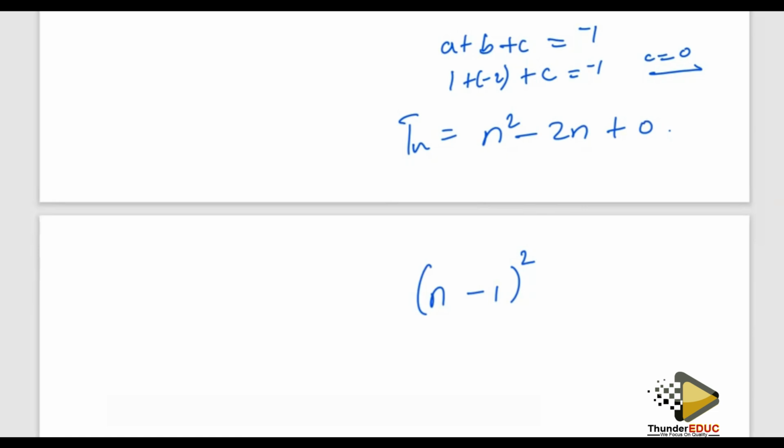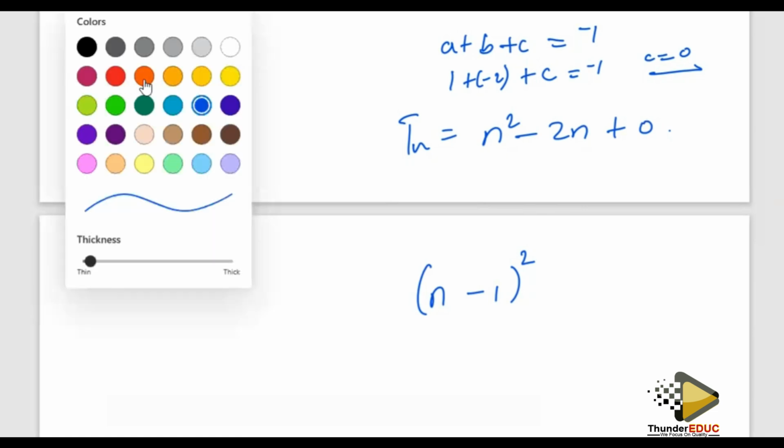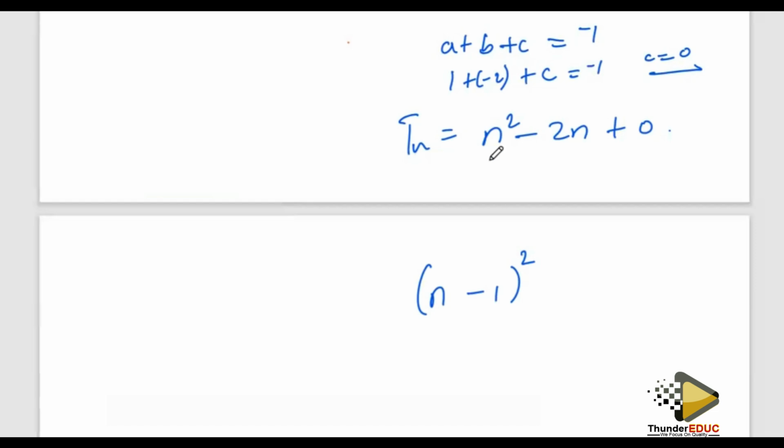Remember, initially, it's addition and subtraction. So it's like n squared minus 2n, I'll say plus a half of this, which is negative 1 squared. And then I subtract the negative 1 squared also.